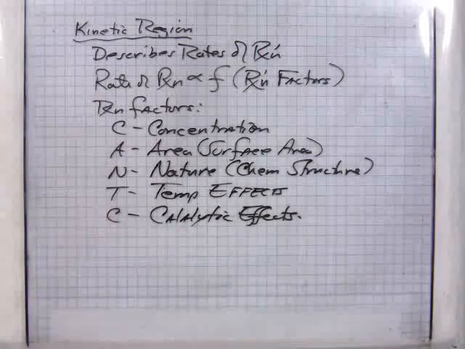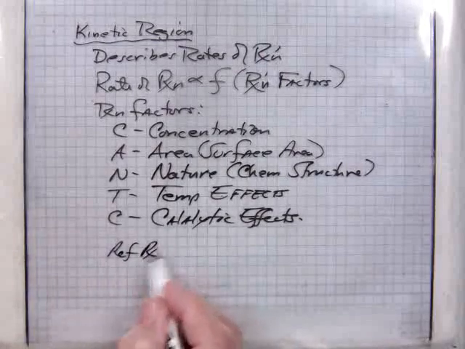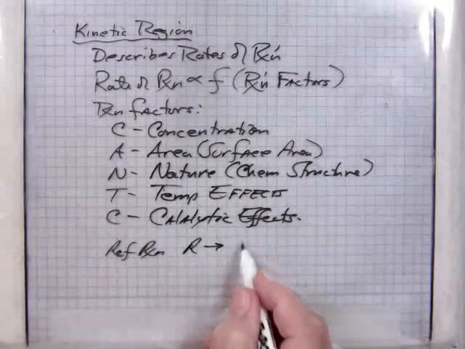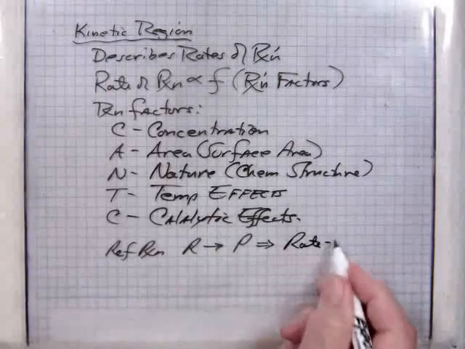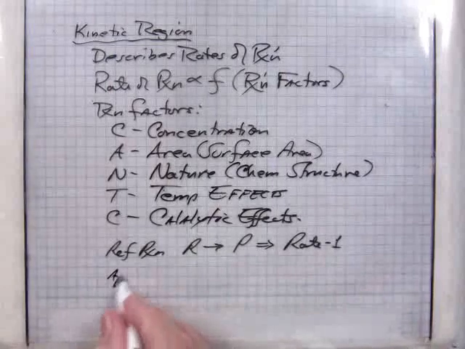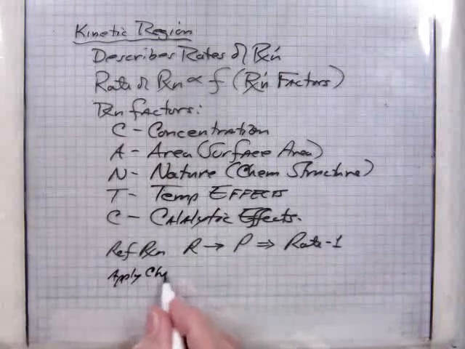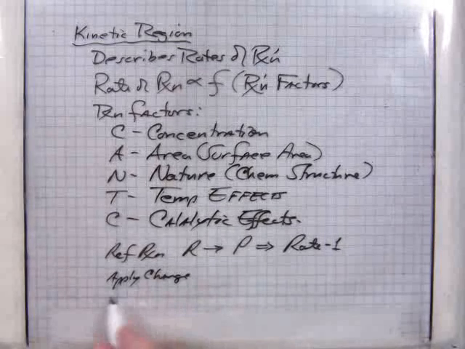So what we do is we have a reference reaction, reactants go to products, and this reference reaction gives rate 1. Okay? Then we apply a change, and we get our first experimental reaction.